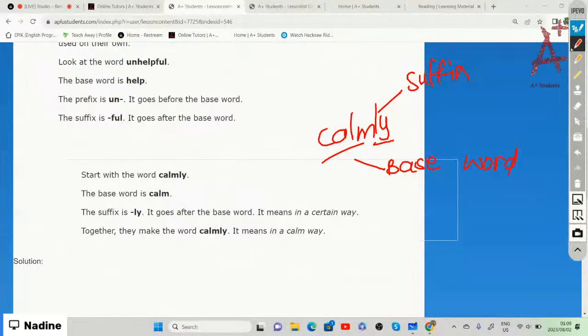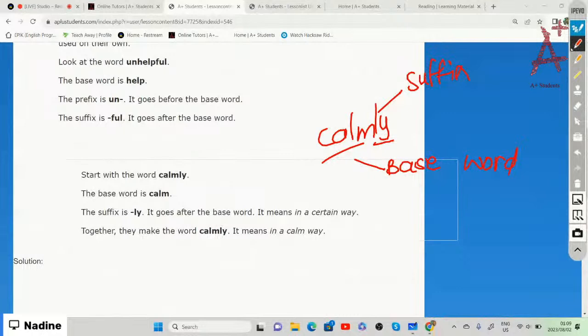They say the suffix ly goes after the base word, and it means in a certain way. So if we put those two together, calm plus ly, together they make the word calmly, which means in a calm way.